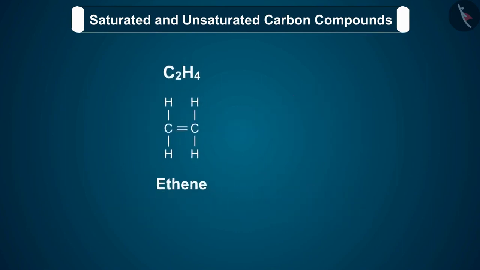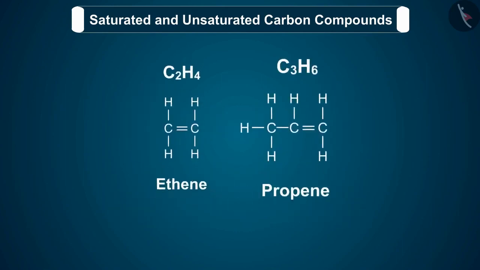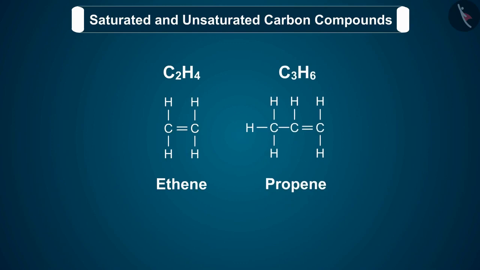Ethene C2H4 and propene C3H6 are two alkenes. Why? Because they contain a double bond between the two carbon atoms. There is also an interesting fact. Do you know, children, that there can be no alkene having only one carbon atom?